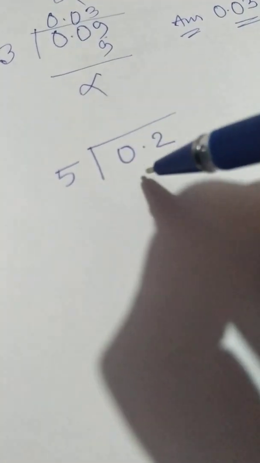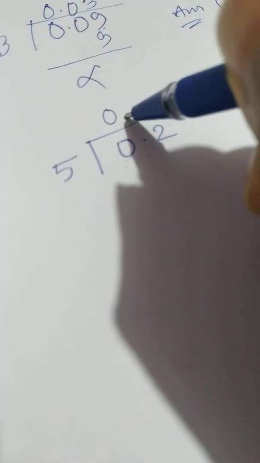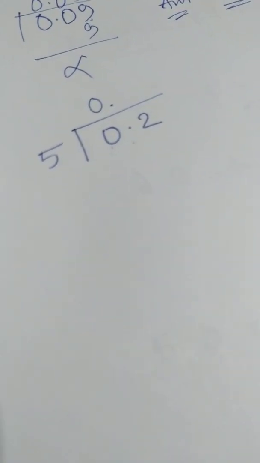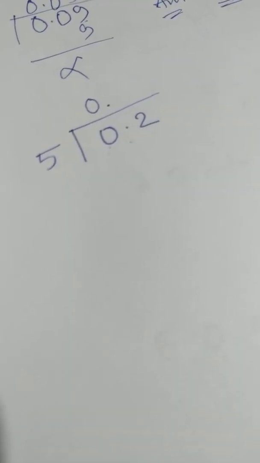So we all know that as 0 point is there, we can place it as it is. But now 2 is not divisible by 5, right? Since 2 is smaller than 5, we put a 0 over here.